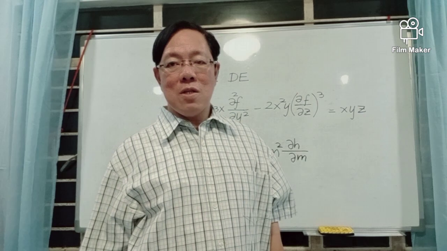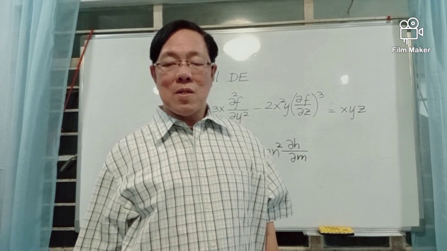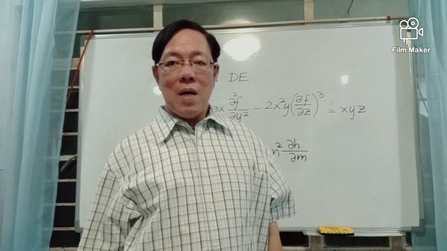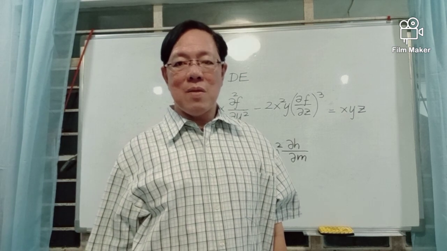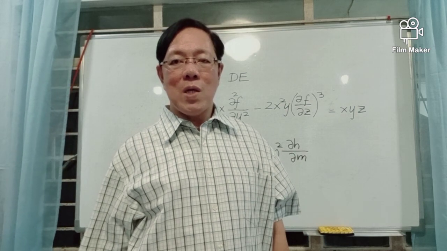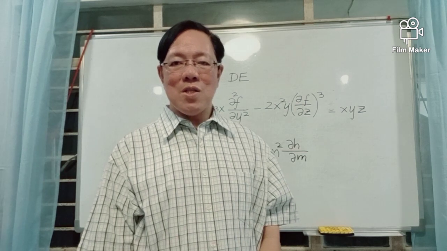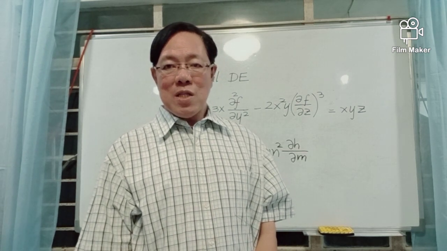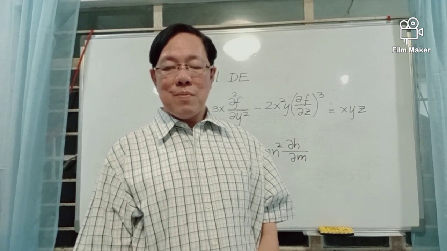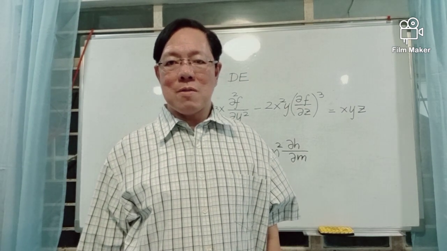An ordinary differential equation is a differential equation that contains the derivatives of a function of a single independent variable, or an ordinary differential equation contains ordinary derivatives. On the other hand, a partial differential equation contains partial derivatives of a function of two or more independent variables.